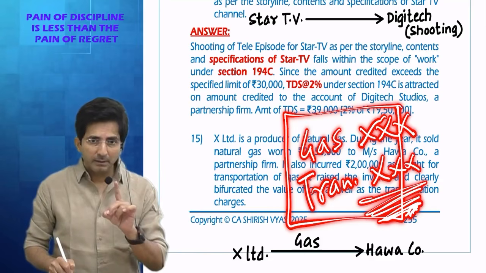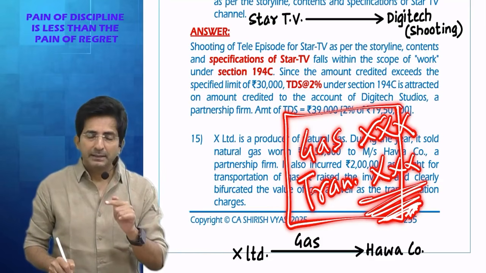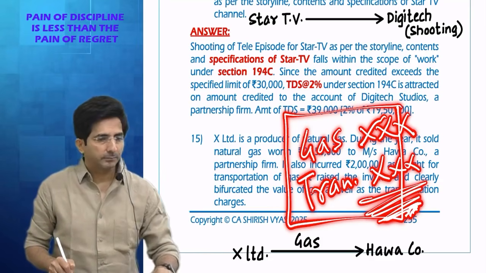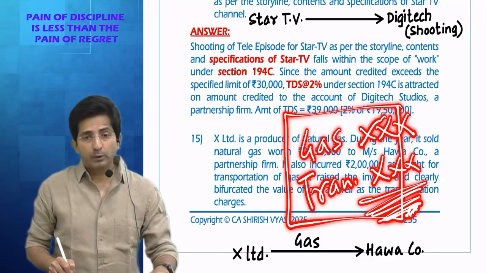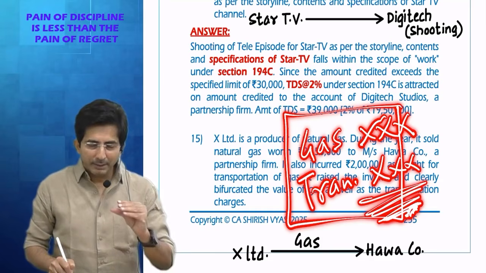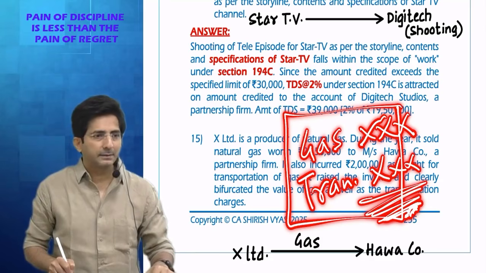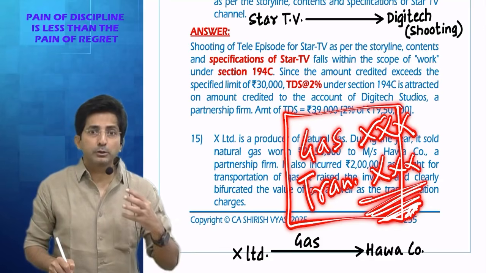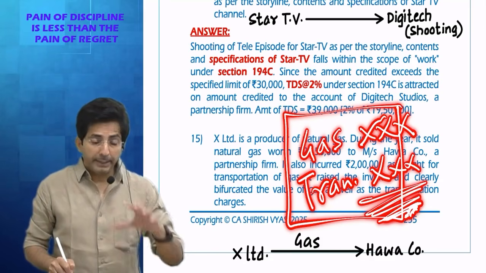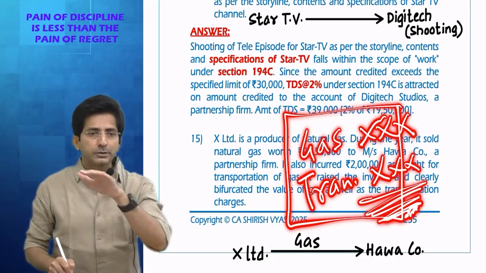Remember ABC JAL? In ABC, what was C? Carriage of goods and passengers. So transportation is there. But delivery charges, transportation included in the product price, you don't have to give importance to transportation. The main transaction is of sale of goods.